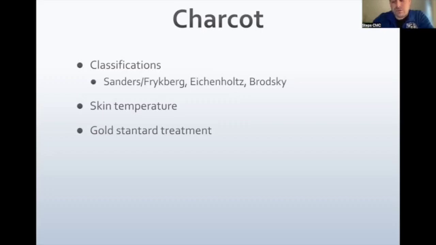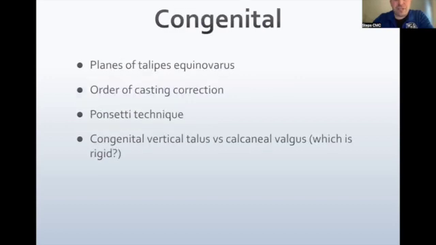And what's the gold standard of treatment? Obviously offloading and immobilization is our gold standard, but also what kind of treatment you want to plan after that Charcot calms down. Congenital conditions: the planes of equinovarus, the order of casting, what the Ponseti technique is, the actual Ponseti technique, congenital vertical talus versus a calcaneal valgus, and knowing which one is rigid versus flexible.